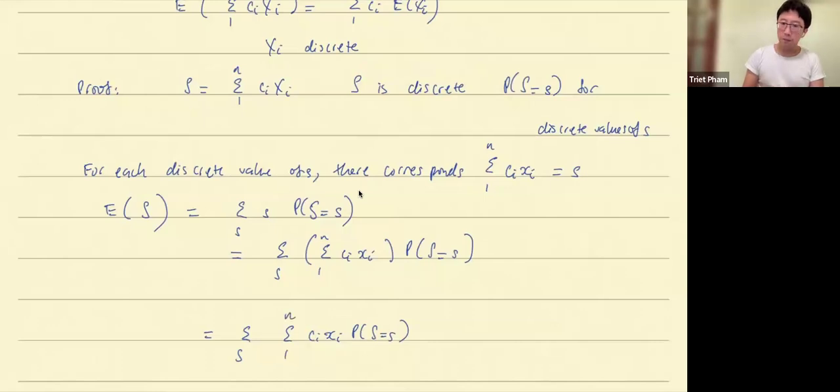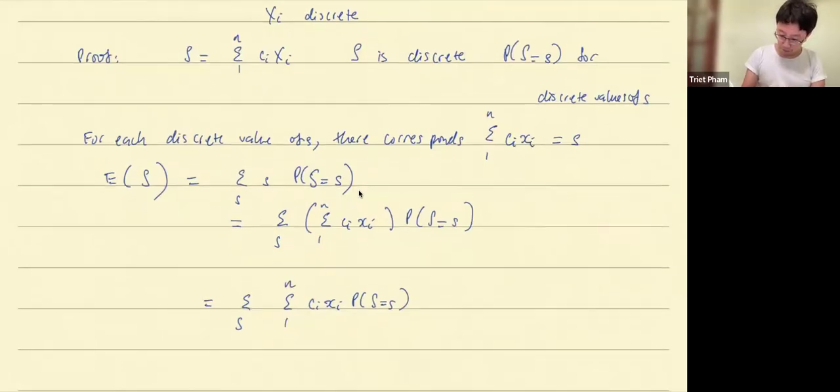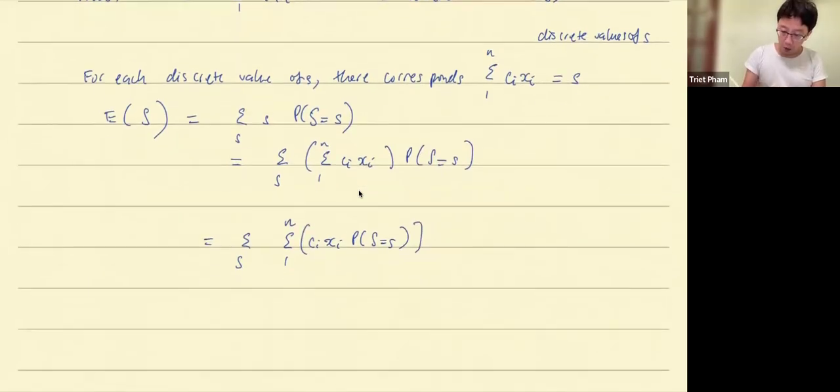And then you can switch the order of the sum. So here you sum over all values of S, and then you sum from 1 to n for each of the summands.